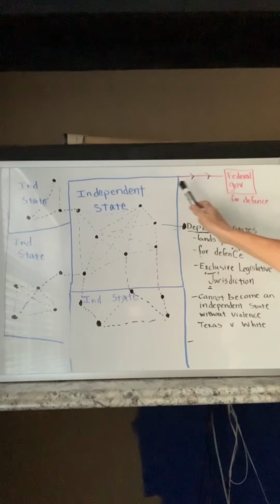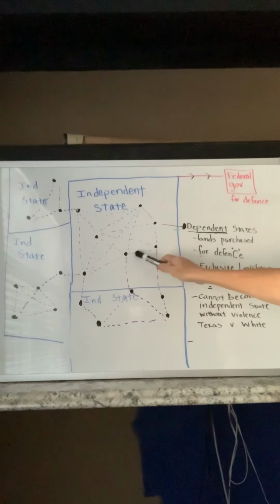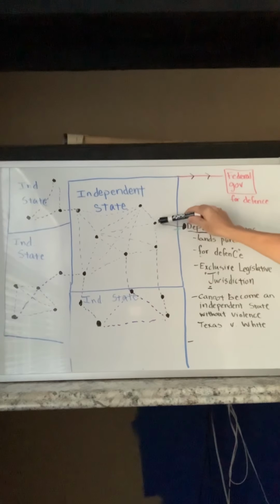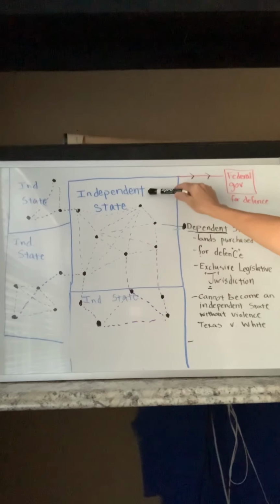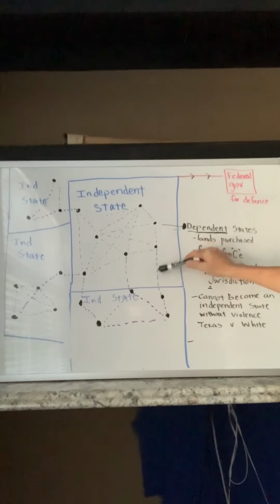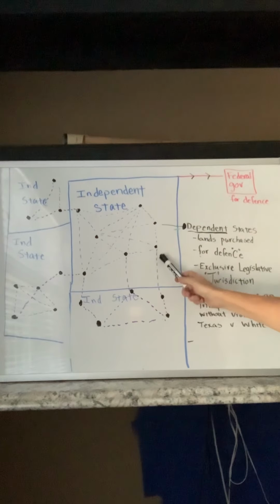That means in coordination with their states and the independent state, it can make rules and regulations for the military people to follow when traveling on our roads from post to post or state to state, and that the independent state would not interfere.